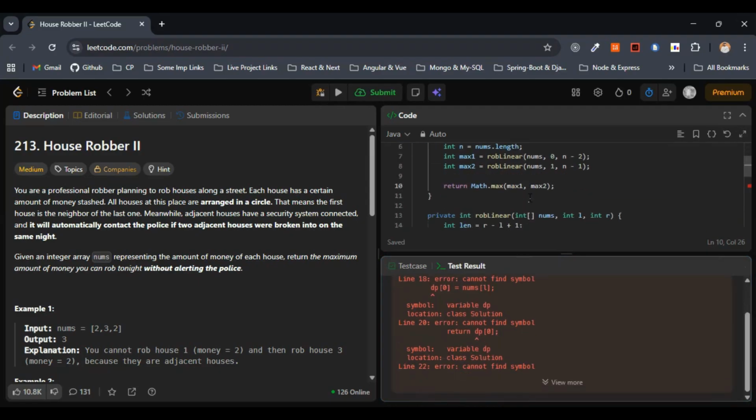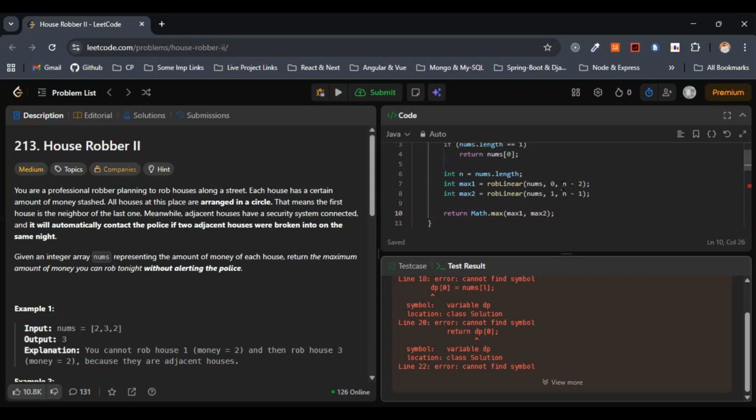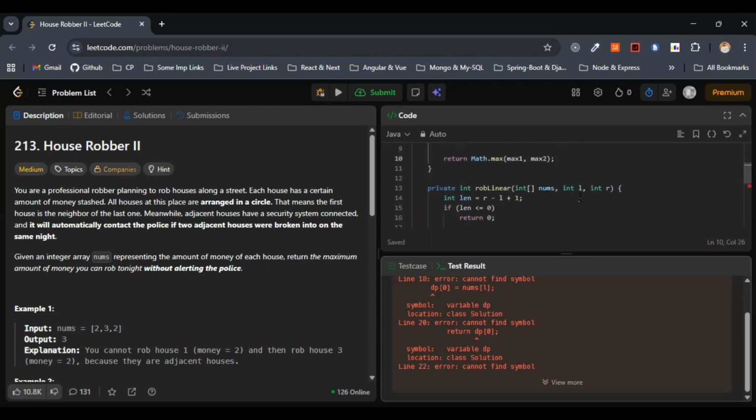Here dp of 0 I have considered, so this one has to be nums of L, which is correct actually. Didn't I consider int L and int R within the parameters? I have.